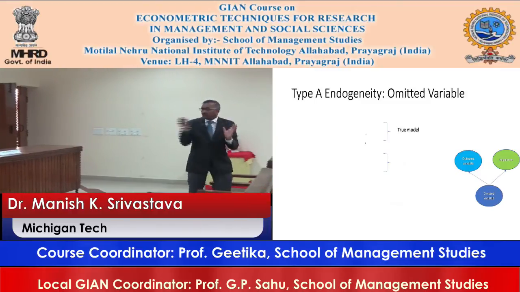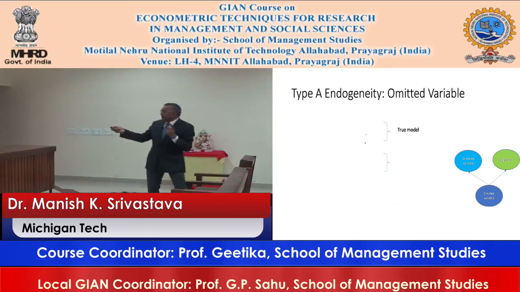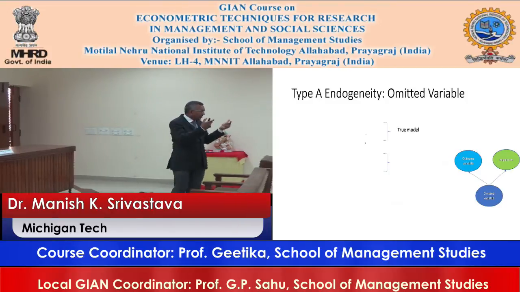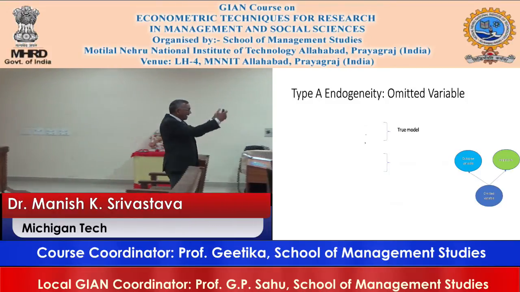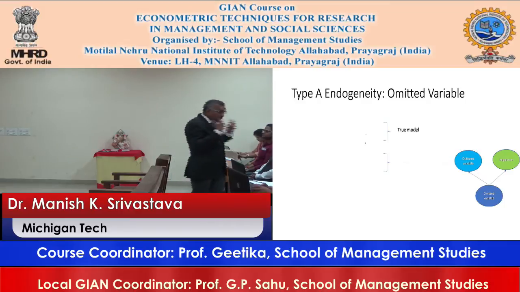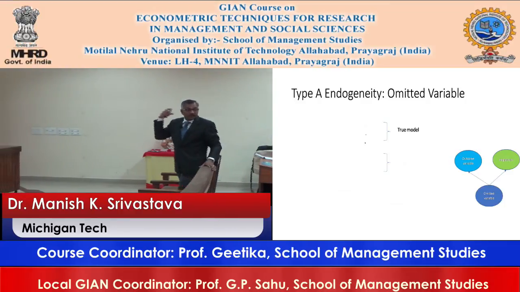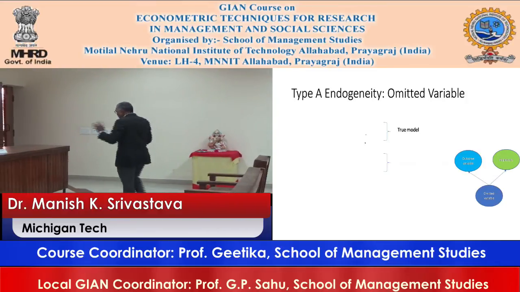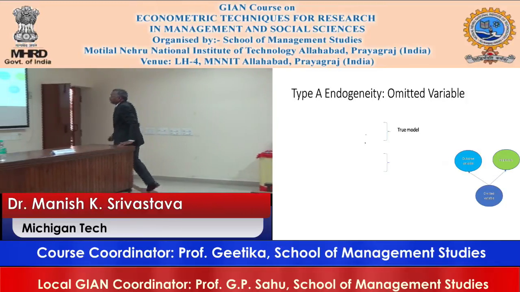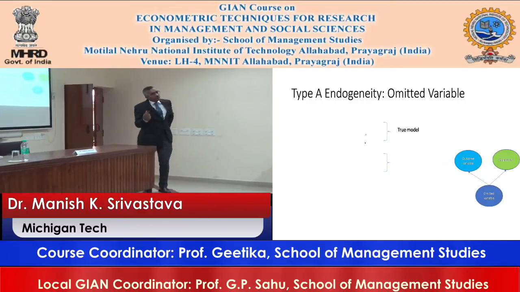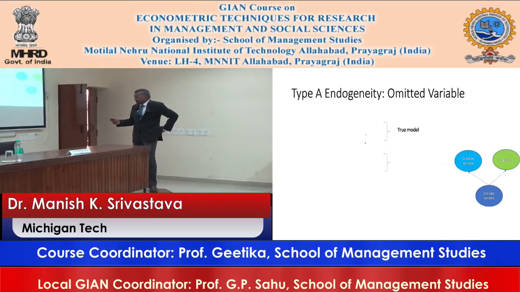The variable we omitted is related to the outcome variable by definition in the model, so it impacts the outcome variable, and it is now also impacting the error term. Because of that, our estimates will not be unbiased. The only condition under which it can be unbiased is if this term is 0.